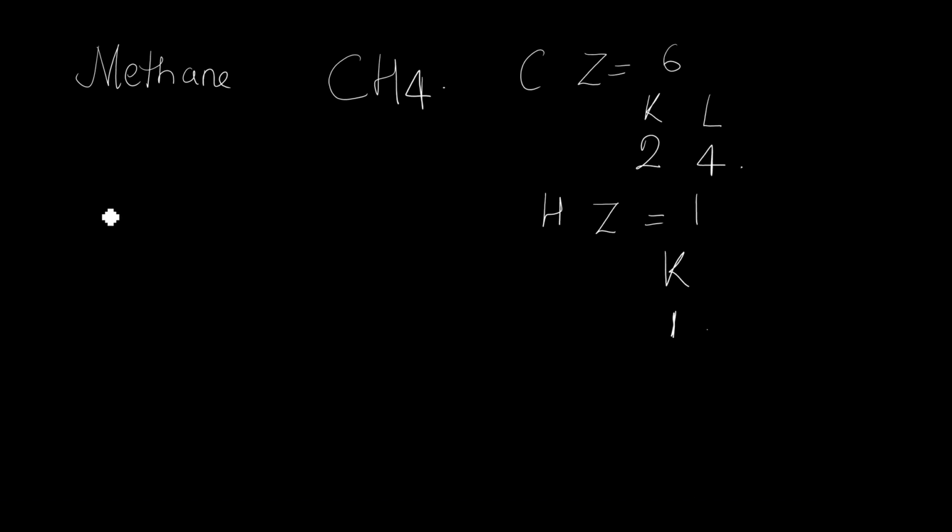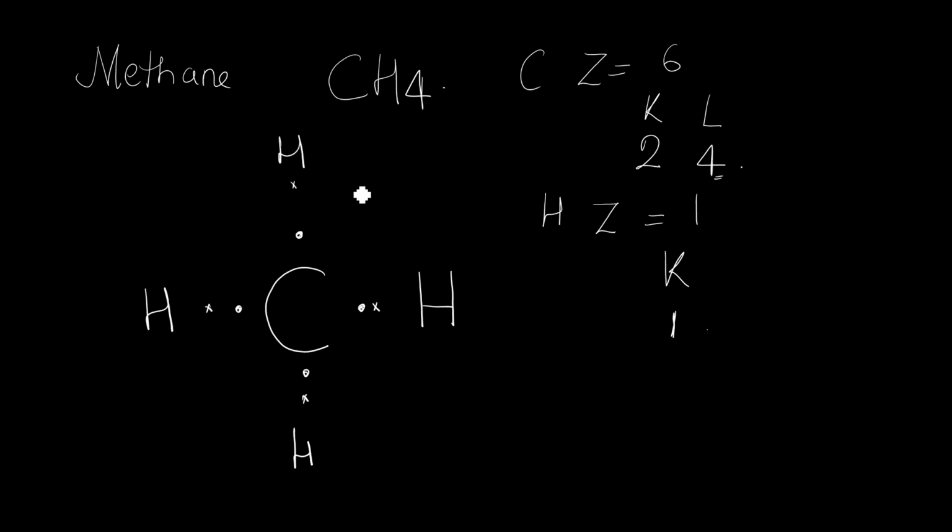So we know that if carbon contains 4 valence electrons, so put carbon 1, 2, 3, 4 valence electrons of carbon. Now hydrogen contains 1 electron. Here hydrogen contains 1 electron. Hydrogen 1 electron. So now we are making the electron dot structure.